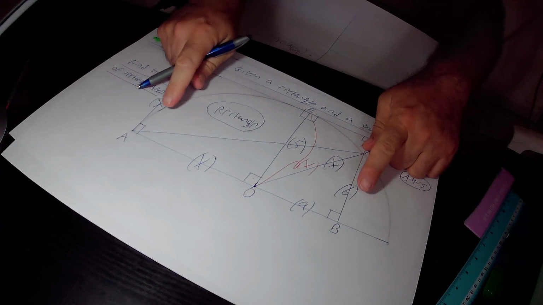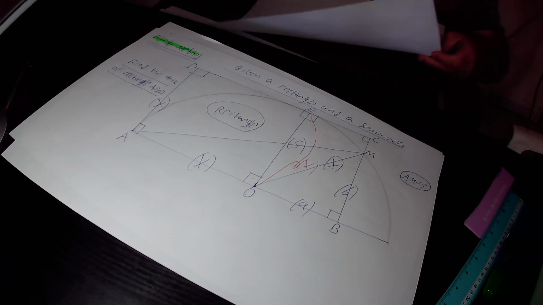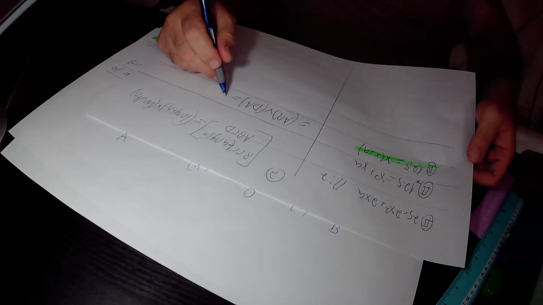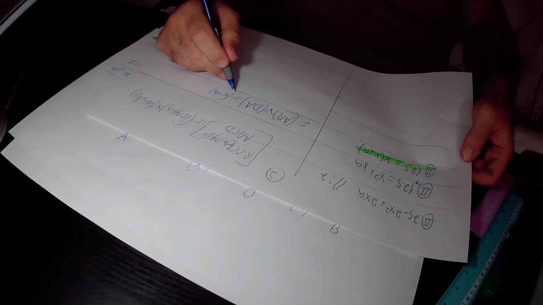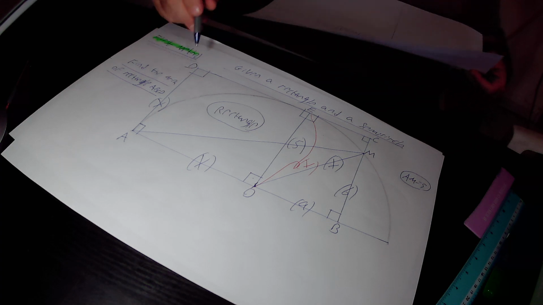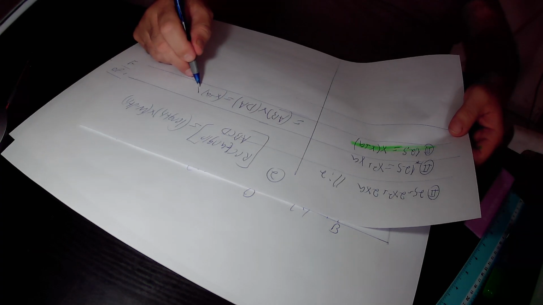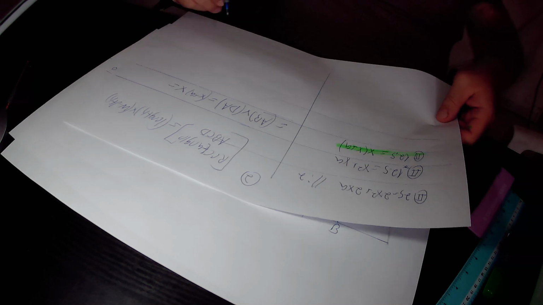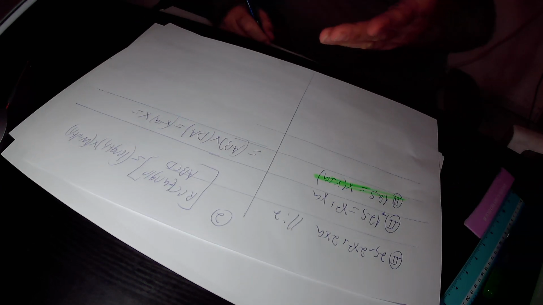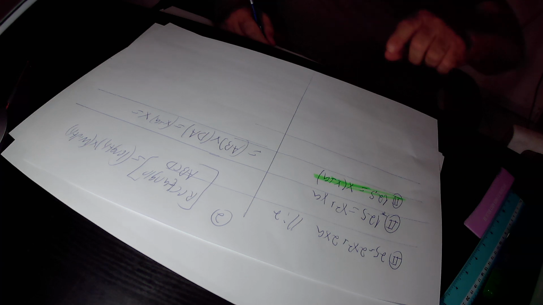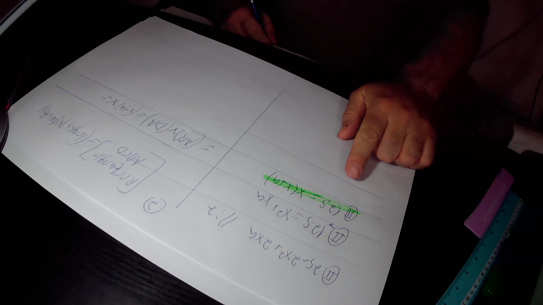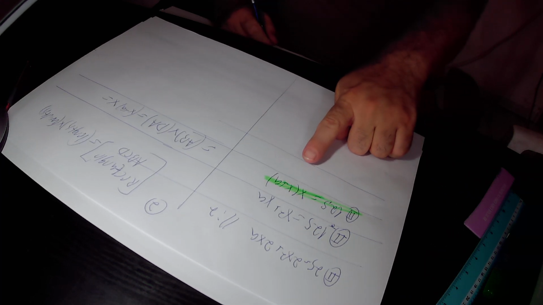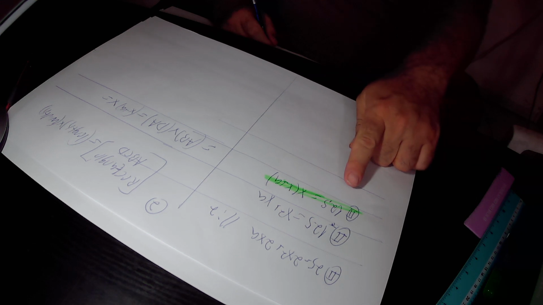AB in total is x plus a. And DA is x. So the area of rectangle ABCD equals (x plus a) times x, or x times (x plus a). But according to equation 2, we have already found that (x plus a) times x is 12.5.